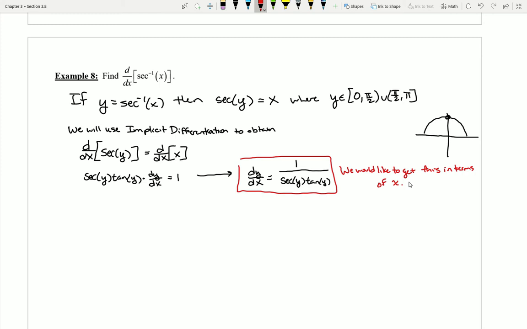So what we're going to need to do is get rid of the secant of y and get rid of the tangent of y, so we only have things with x in there. Now, one of these things is really easy to grab right away. Notice that we already are told that the secant of y is equal to x. So that replacement is going to be really, really easy to do. This will be 1 over x times tangent y. So we need to get rid of the tangent of y.